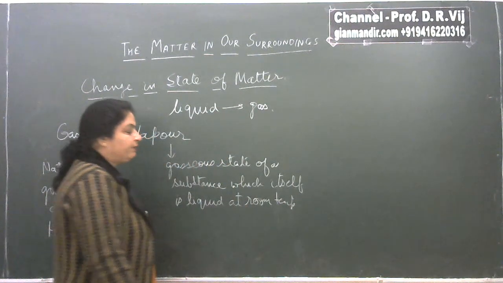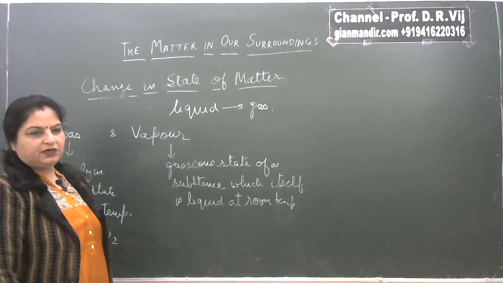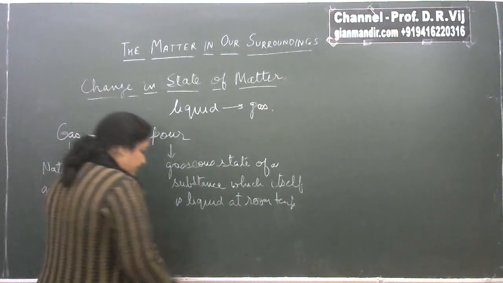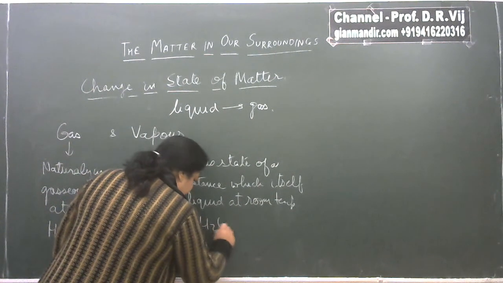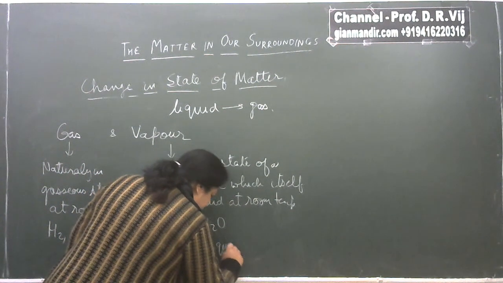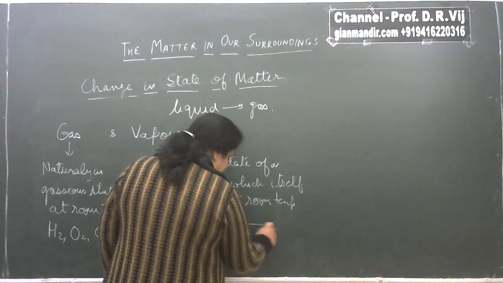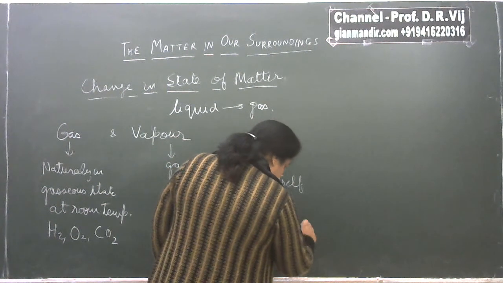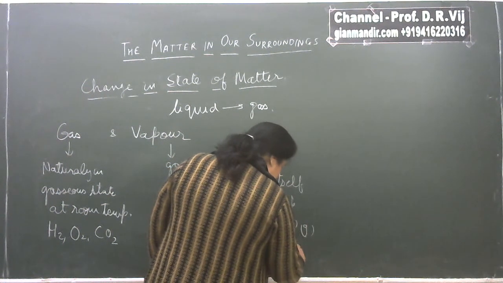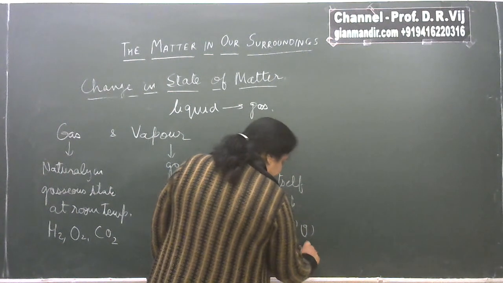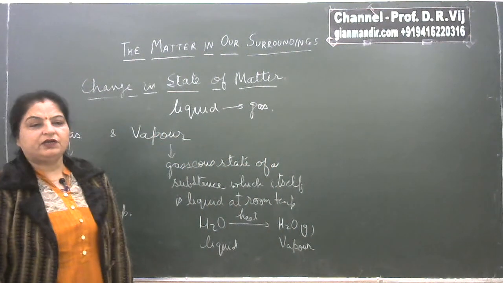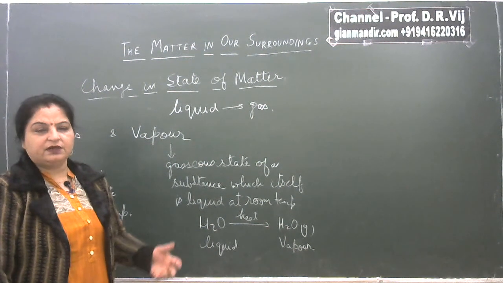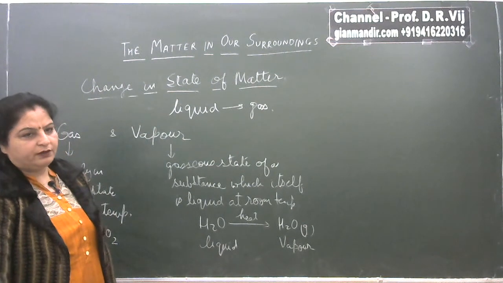If something at room temperature is liquid, but by heating we convert it to the gaseous state, then it is known as vapor. For example, we have water in liquid state, and by heating we convert water to gaseous state. Now this gaseous state of water is known as vapor, so we call it water vapor. If it is the gaseous form of alcohol, it is alcohol vapor. If it is ether, then it is ether vapor, and so on, right?